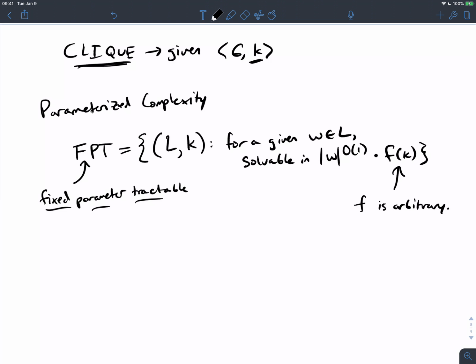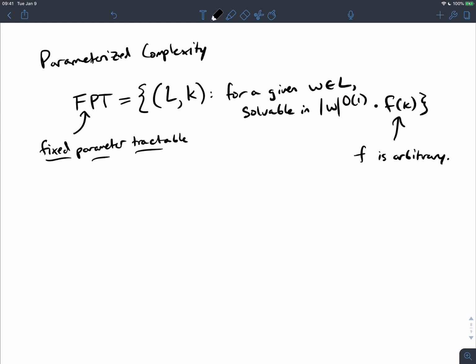So if we have an algorithm that runs in polynomial time, ignoring the parameter, then we say that's fixed parameter tractable, because if I fix the parameter, the rest of the algorithm is tractable.